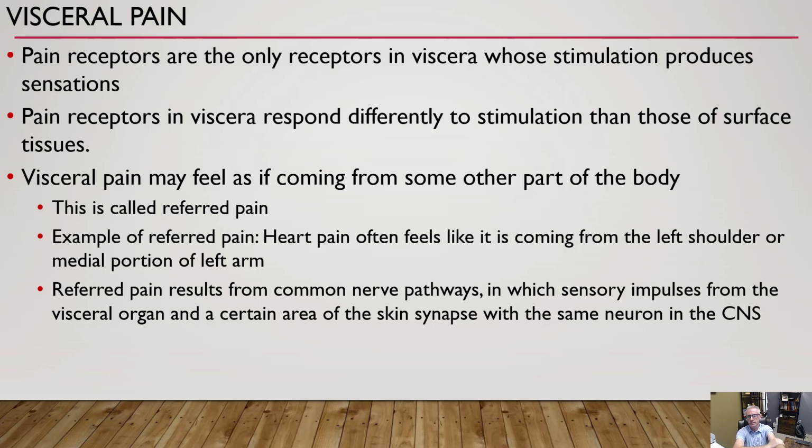Obviously your heart is not in your left arm or in your left shoulder. That is referred pain, because those impulses arise from that visceral organ, they could synapse with different neurons within the central nervous system, so it might feel like the pain is originating elsewhere.